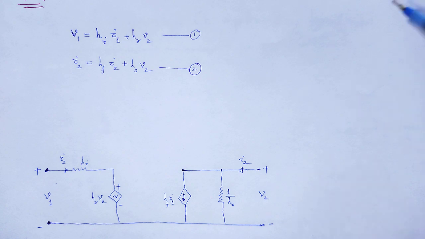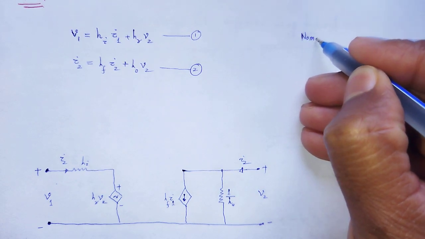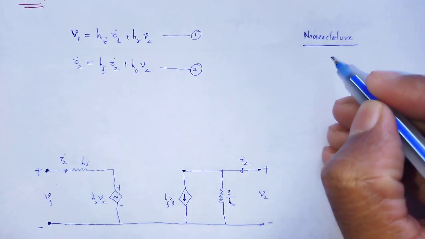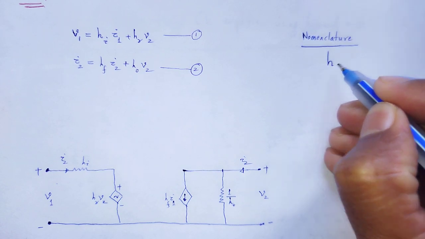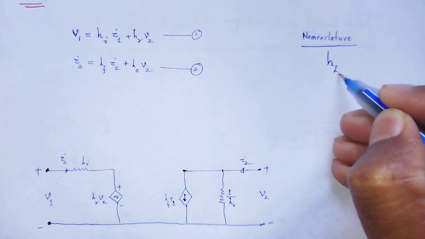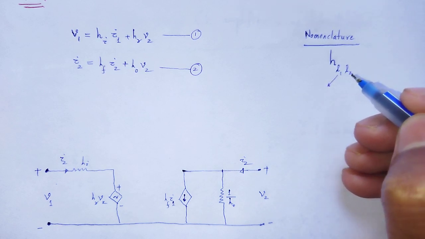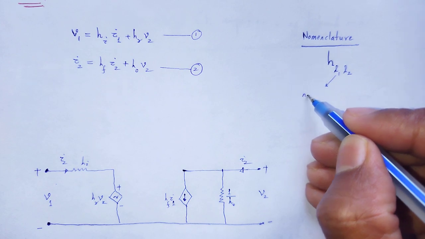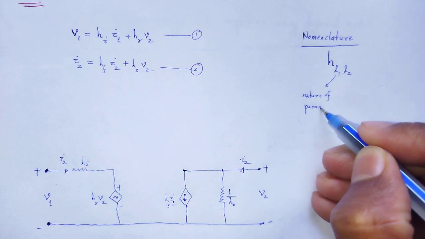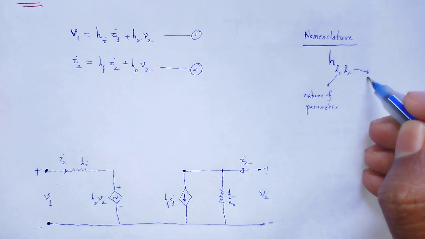An important nomenclature we have to note down. This is the H parameter and it is written like H L1 L2. L1 stands for nature of parameter, and L2 stands for transistor configuration.